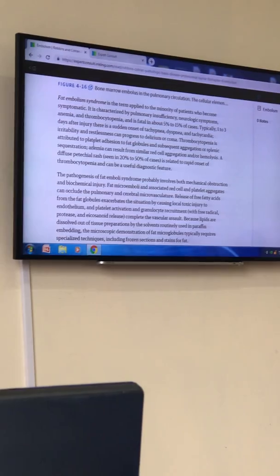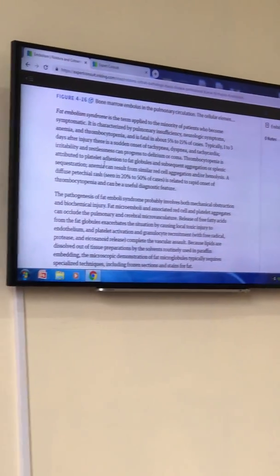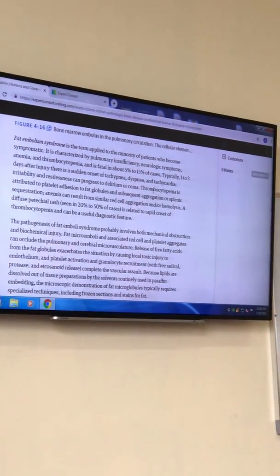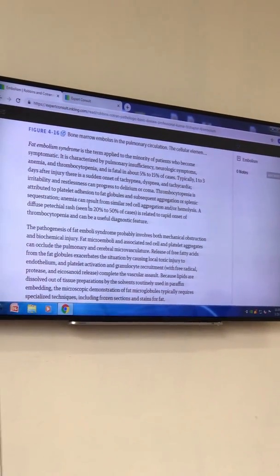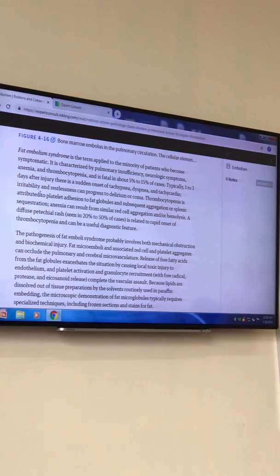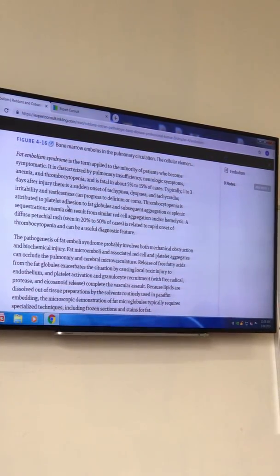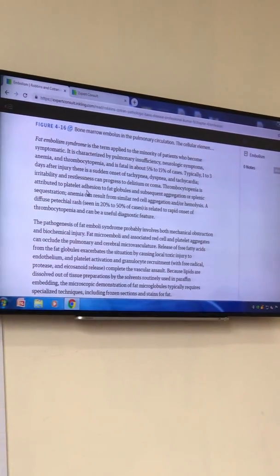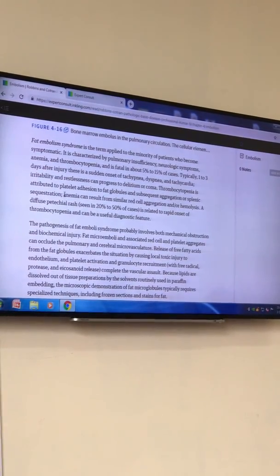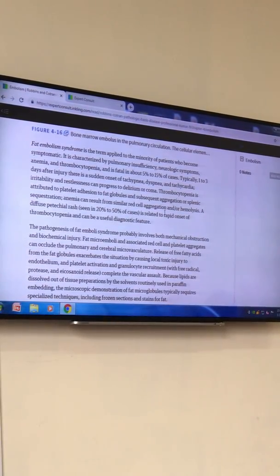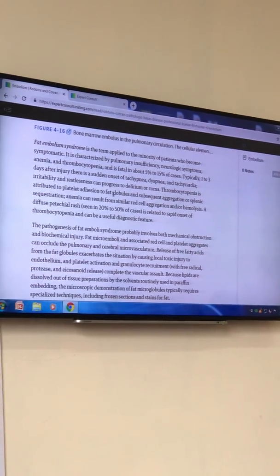Another name for platelet is thrombocyte. If it is decreased in number, it's called thrombocytopenia. And here you see that the platelets bind to that embolus and are decreased in number, so there is a risk of bleeding for the patient. So this thrombocytopenia will cause bleeding.